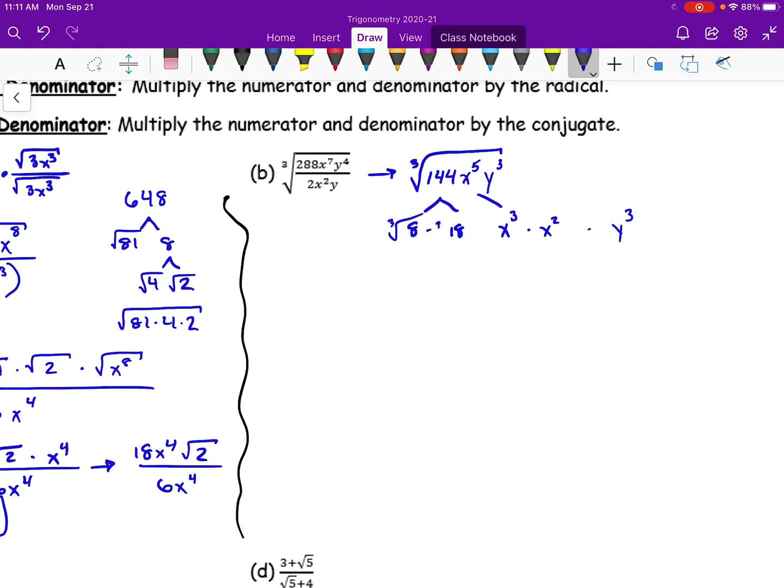So I've got the cube root of 8, the cube root of 18, the cube root of x cubed, the cube root of x squared, the cube root of y cubed. The cube root of 8 is 2. Can't do anything with 18. Times x, times cube root of x squared, times y.